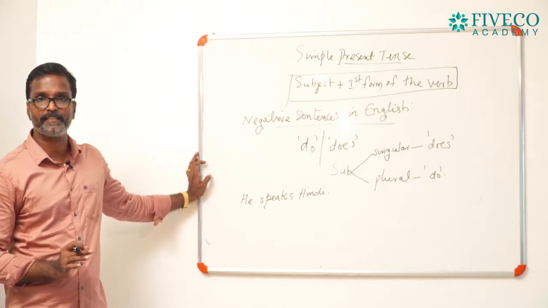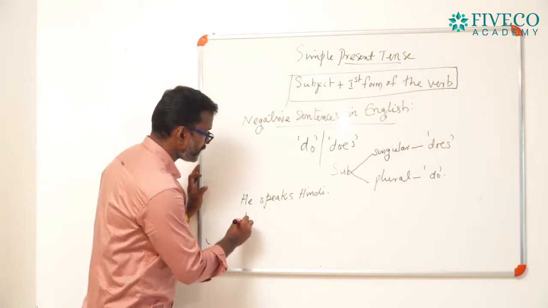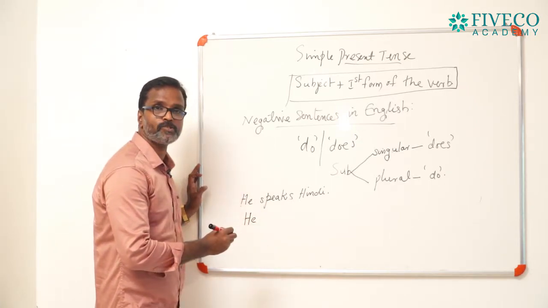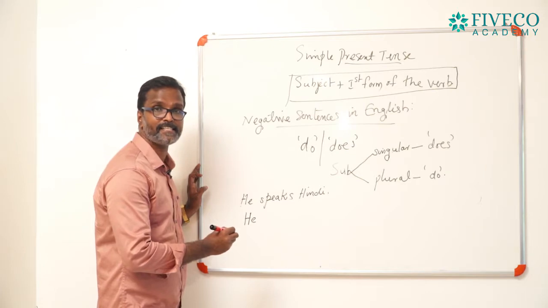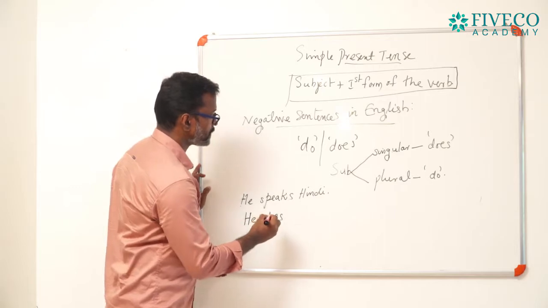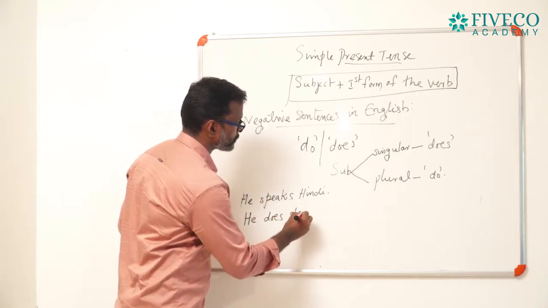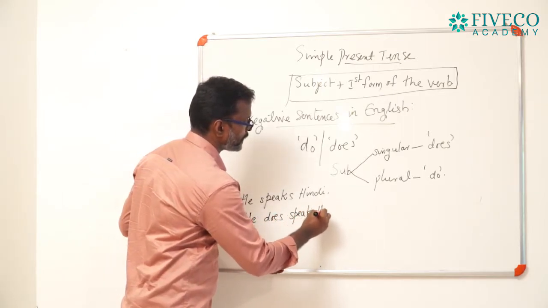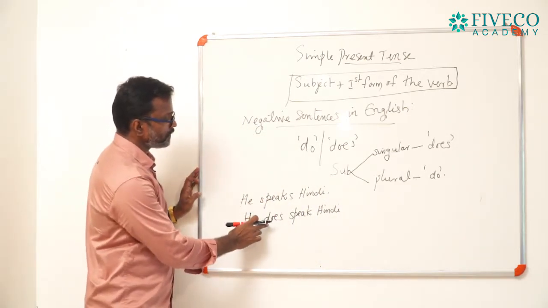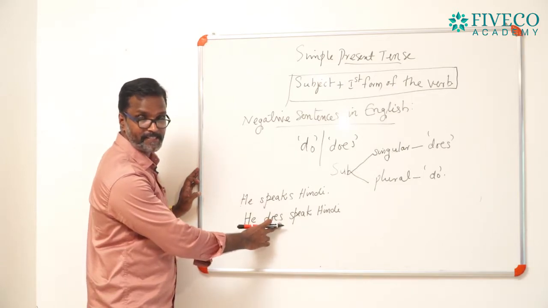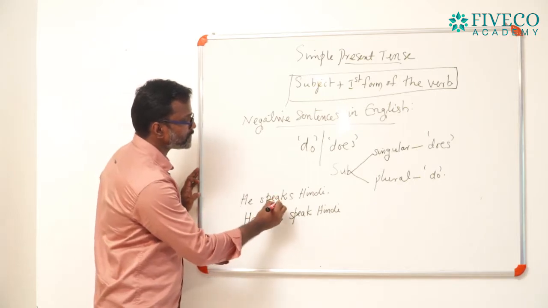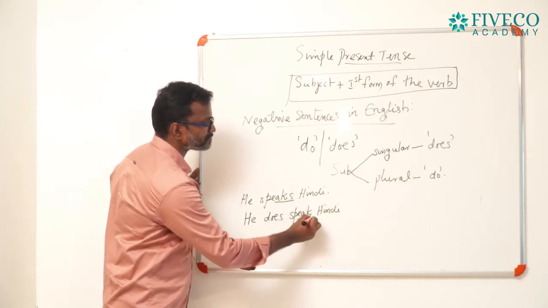He speaks Hindi. So, he is a singular subject. So, you can select does as an auxiliary verb. He does speak Hindi. Listen, if we use does in a sentence, this speaks becomes speak.